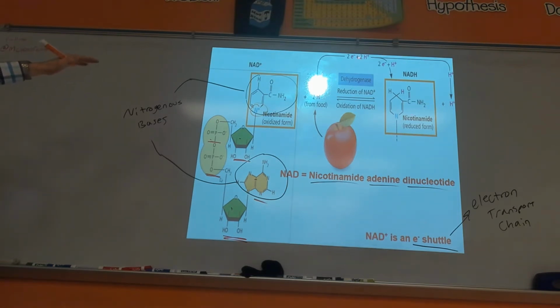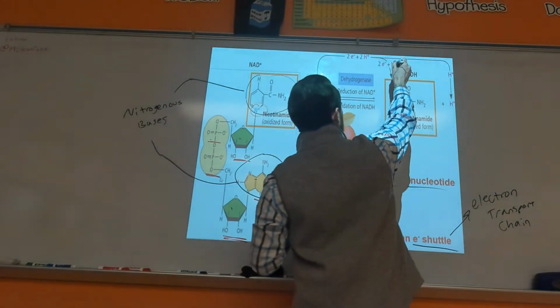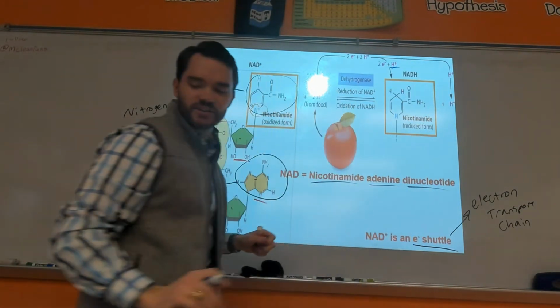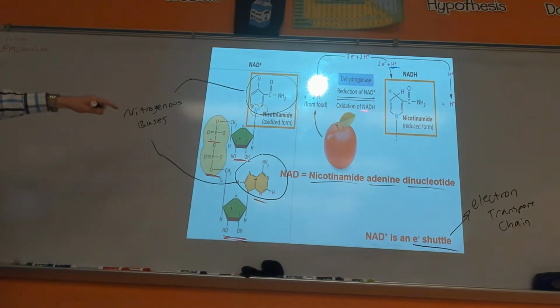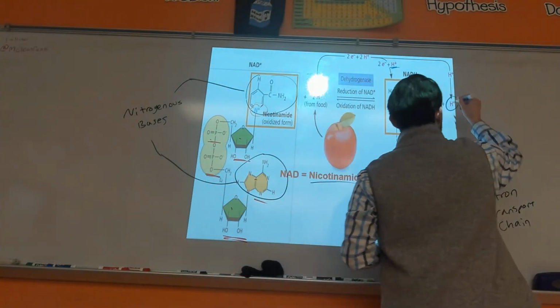Whenever you're attaching those electrons, what that practically looks like is the addition of a hydrogen atom. So we're going to attach another hydrogen to this N plus. And by doing that, that is the same thing as reducing this molecule. Reduction is gain. So this is the molecule gaining electrons, so it's going to lose that positive charge. And in the process, we're going to release some H pluses.